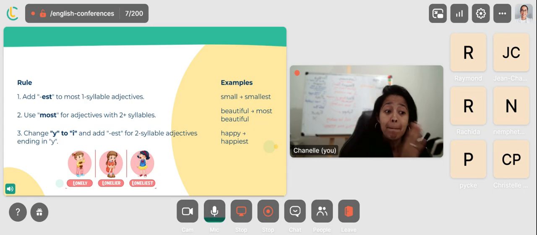It becomes most beautiful for our superlative. But for the comparative, it will be more beautiful. So we have beautiful, more beautiful, most beautiful. And then we change the Y to an I and add est for two-syllable adjectives ending in Y. For example, happy, happier, happiest.